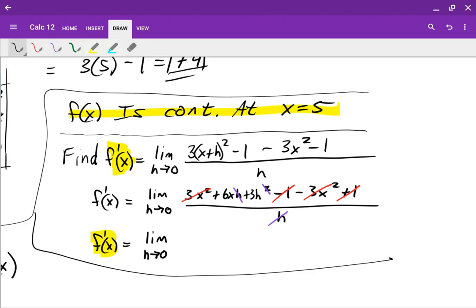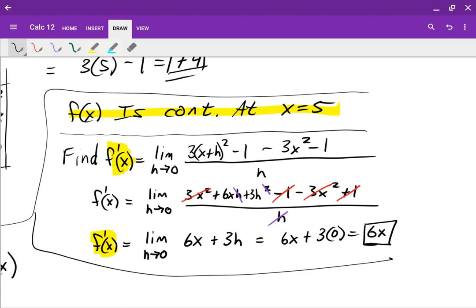All right, so it's 3x. Sorry, no, 6x. 6x plus 3h. And then we're going to go ahead and do 6x plus 3 times 0, which gives us 6x. Nice. All right. Sorry about that.